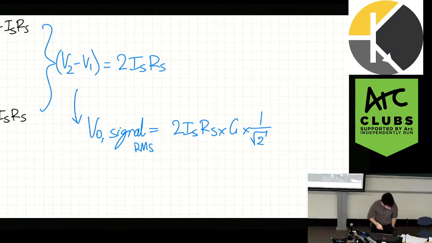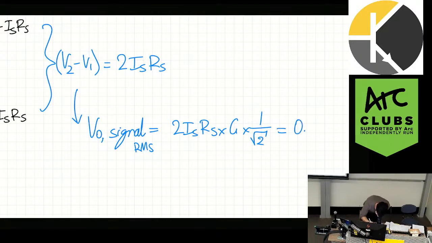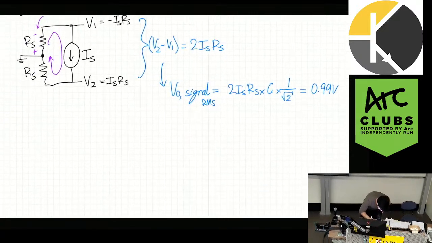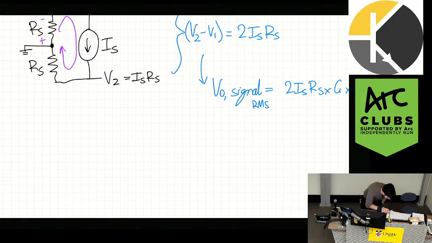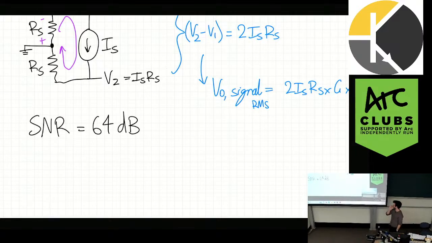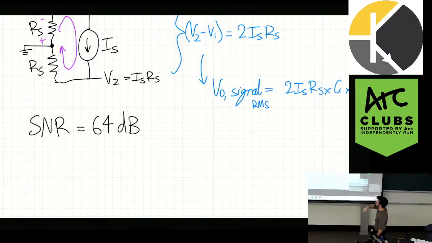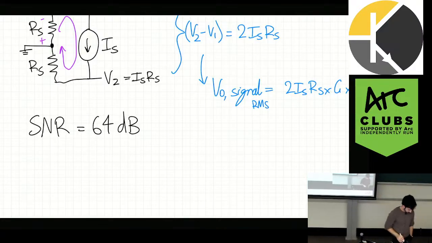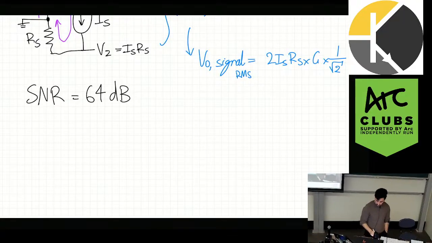And then this signal is 0.99 volts. And when you do both of them, you end up with an SNR of, so I'm just going a little quick now, SNR equals 64 dB. So that's when you do V out signal divided by V out noise, you get 64 dB.